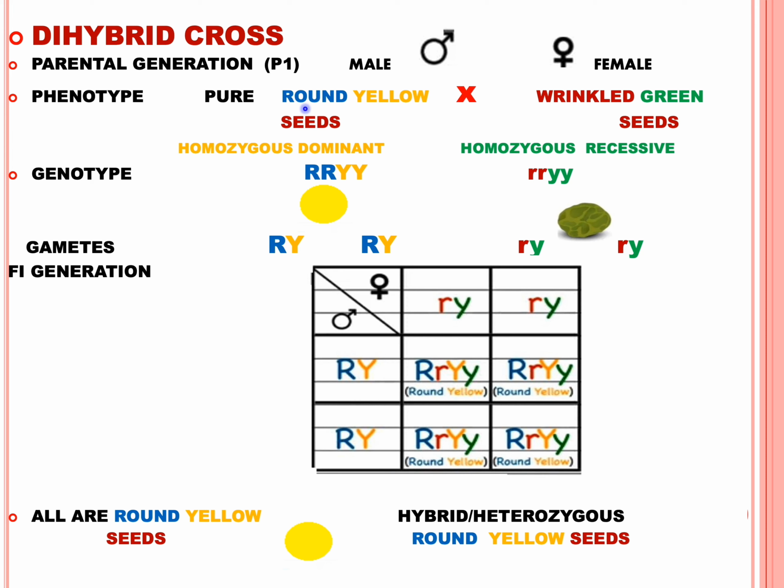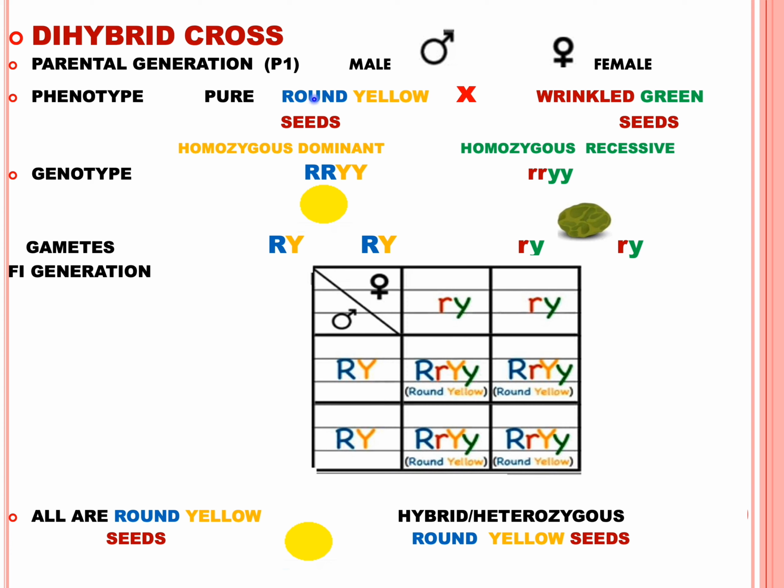As you can see, the round shape of seeds is dominant over the wrinkled shape of seeds, and the yellow color of the seeds is dominant over the green color of seeds.